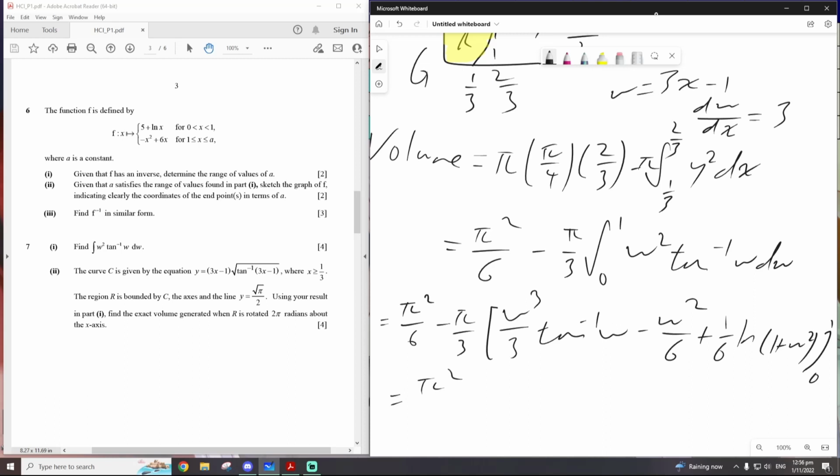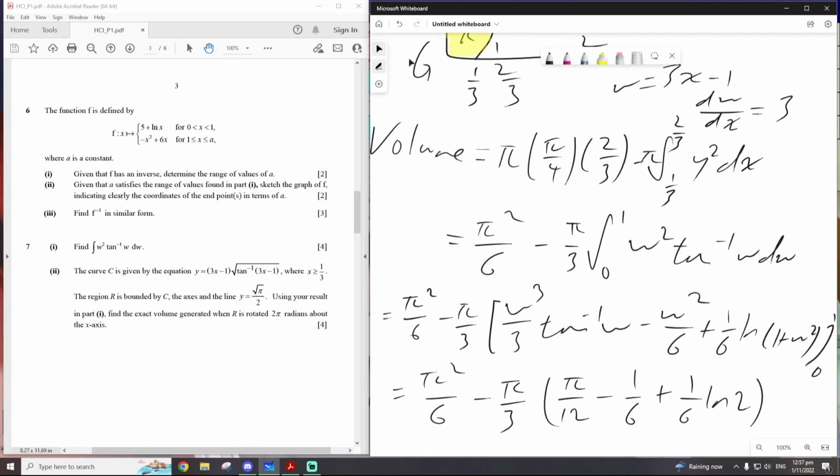So we get pi squared over 6 minus pi over 3. Now 1/3 tangent inverse of 1 is pi over 12. So we get pi over 12 and then minus 1 over 6 plus 1 over 6 ln 2. And then everything becomes 0 once you put in 0 here. So we'll leave it at that, and then we will just multiply out and simplify.